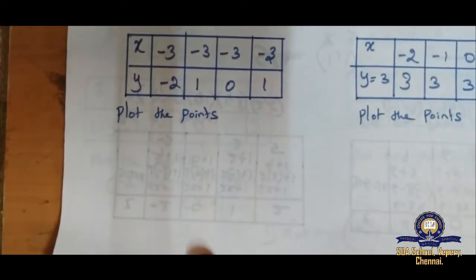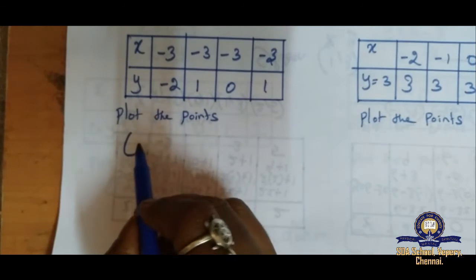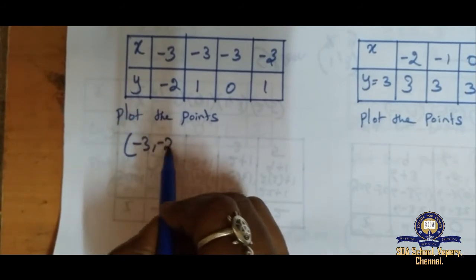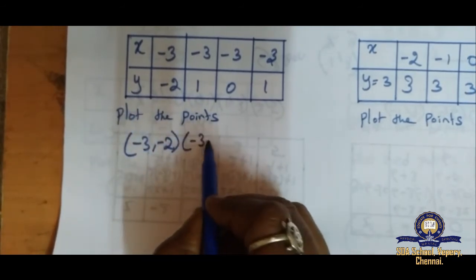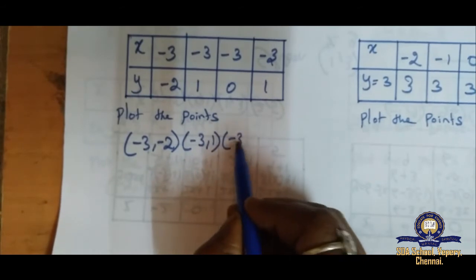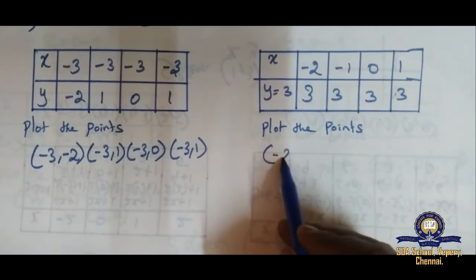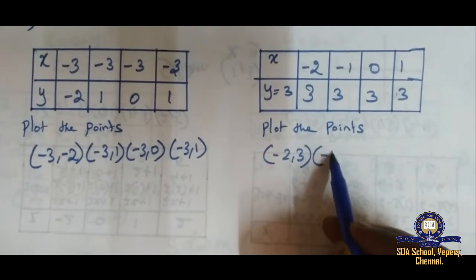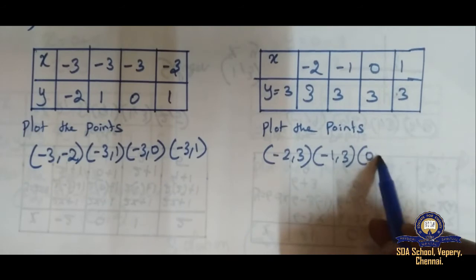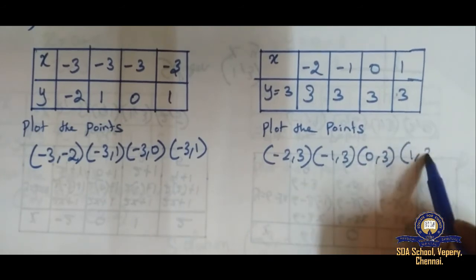So how to plot the points? For this equation: minus 3 comma minus 2, minus 3 comma 1, minus 3 comma 0, minus 3 comma 1. For this equation: minus 2 comma 3, minus 1 comma 3, 0 comma 3, 1 comma 3.